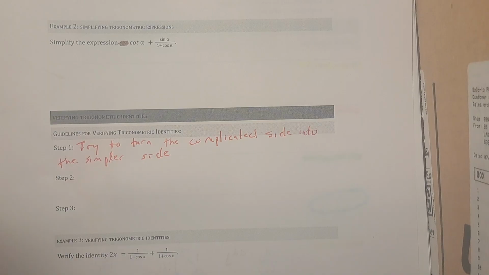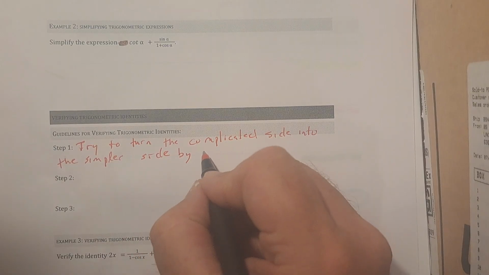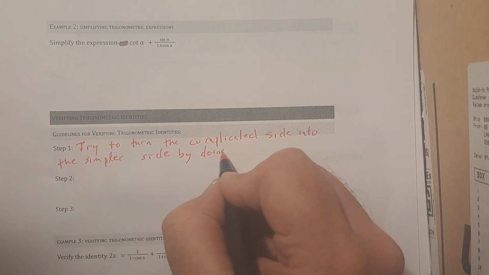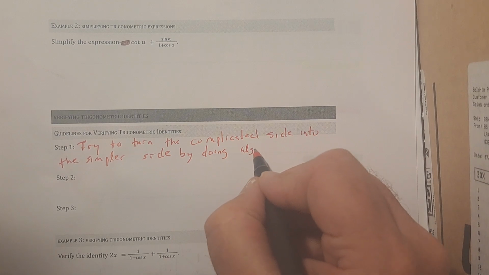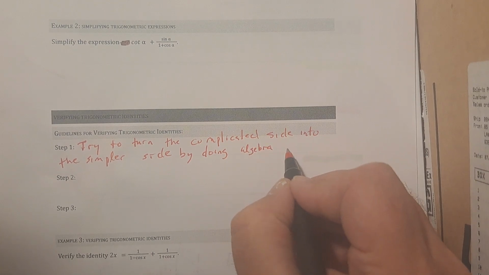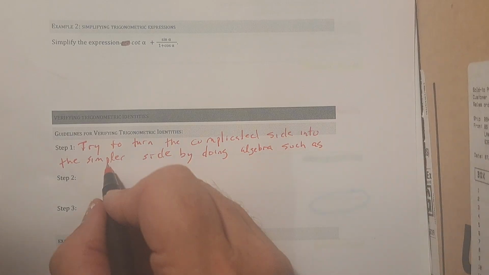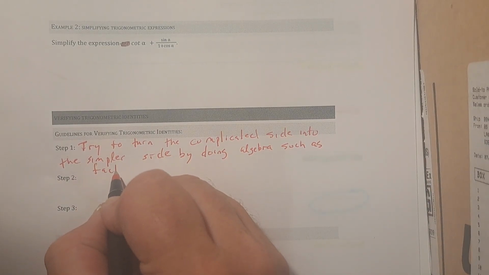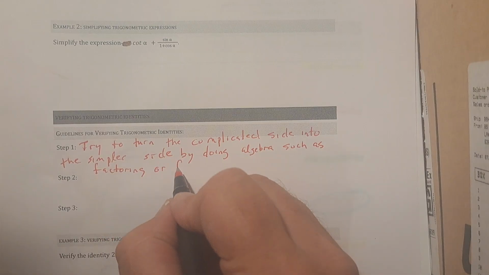The common ways to get going on that is by doing algebra, such as factoring or forming a common denominator.